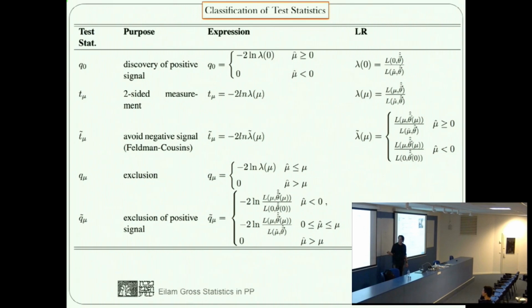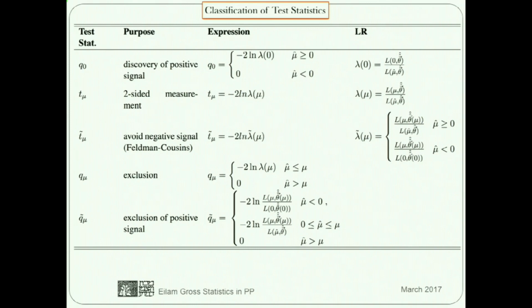This is actually equivalent to the Feldman-Cousins test statistic, which I talked a little bit about yesterday and will talk more about today. To exclude a signal, I use q mu. To exclude a signal and insisting that the signal is positive, I will use q tilde mu. But these two are related. There's a monotonic relation between them. So actually, many times we prefer to use q mu. It is much more convenient to deal with.